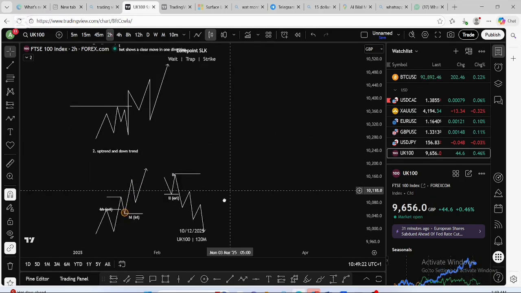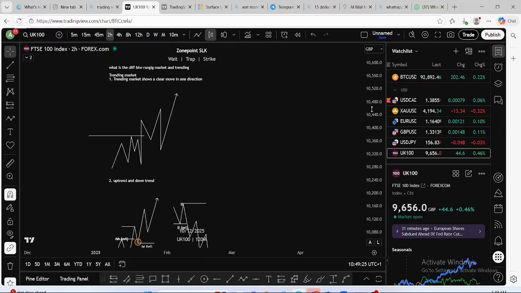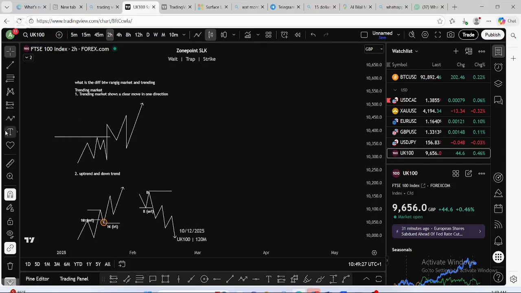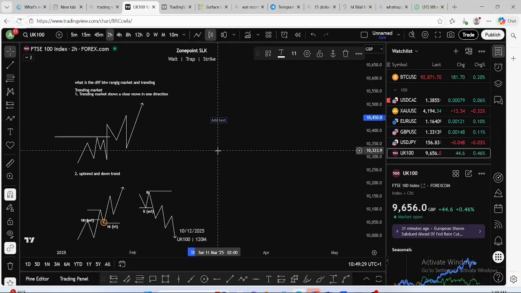So we already explained that on trending market. So let's go to ranging markets now. Ranging markets, please guys, don't get lost, know where we are. We are differentiating between ranging market and trending market.